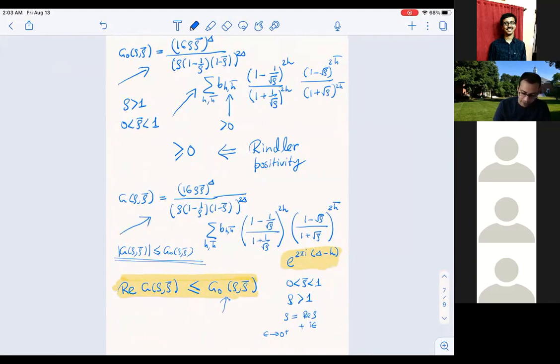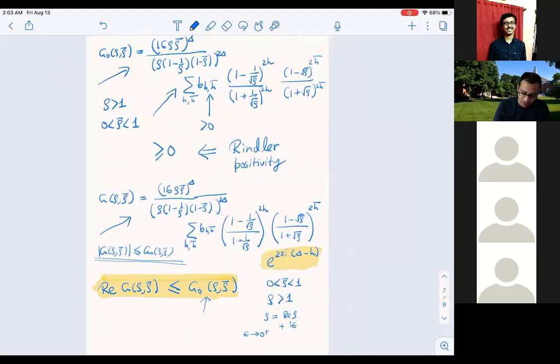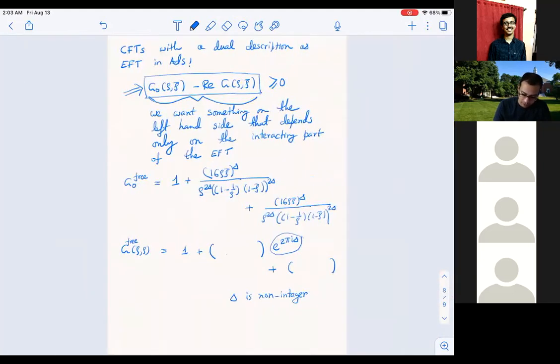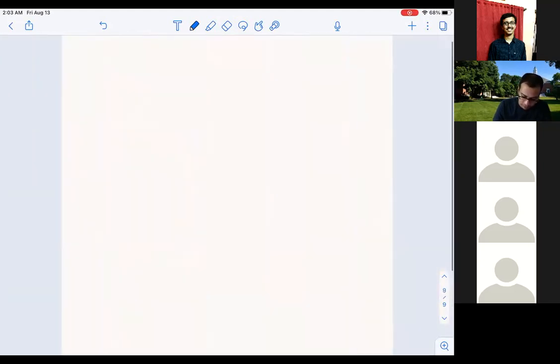What I can do is isolate the identity operator from both of these expansions, and I can derive the following thing. I can define a subtracted Regge correlator, which is the Regge correlator of the interacting theory minus that of the free theory.